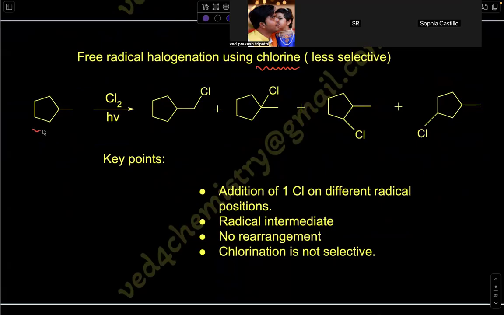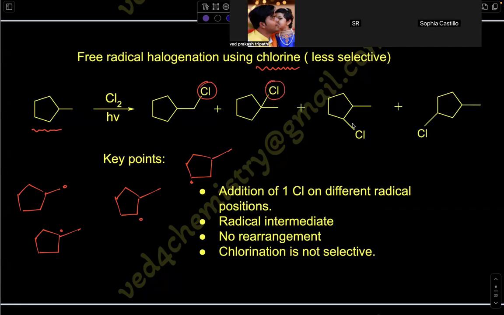So if you look at this reactant molecule, the possible radicals are this one, the first, second, third, fourth. So these are the possible radicals, and we have a mixture of products. Make sense? Please tell me. No major, no minor in this case.